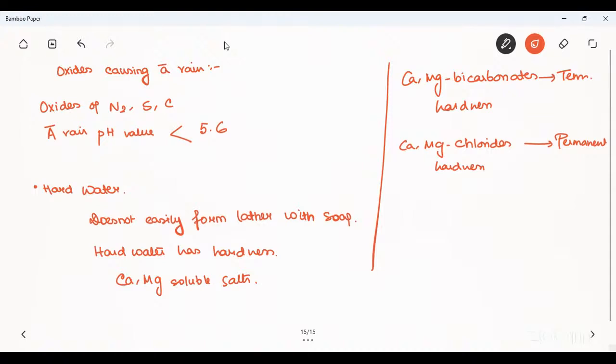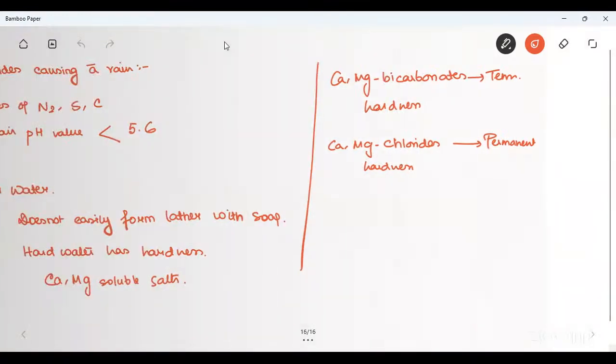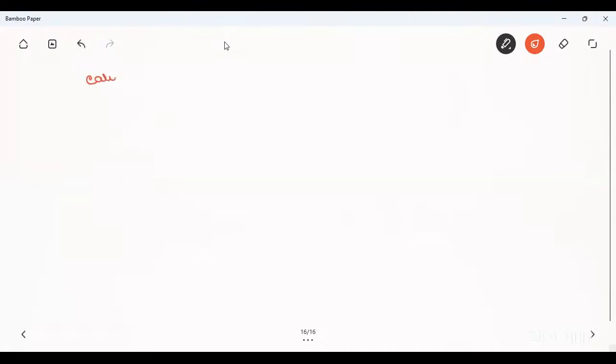Now, what is the Calgon process for removing the hardness? Sorry, I had written the wrong spelling. Calgon process. So what is Calgon?